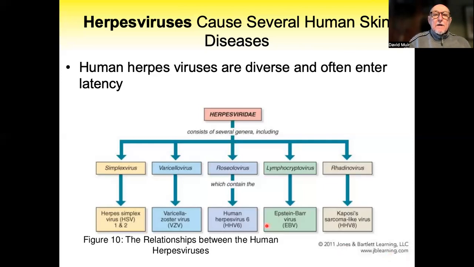The other important herpes virus in human populations are the varicella viruses. And this is the virus which causes chickenpox. Varicella zoster is the name of the virus that causes chickenpox.